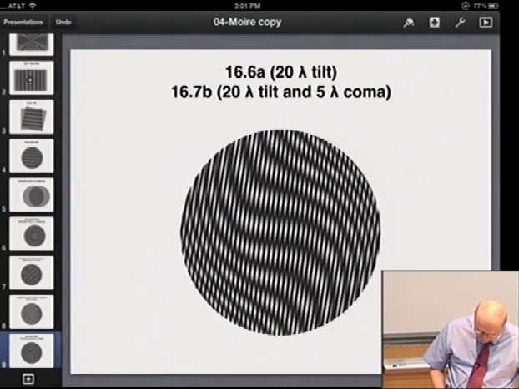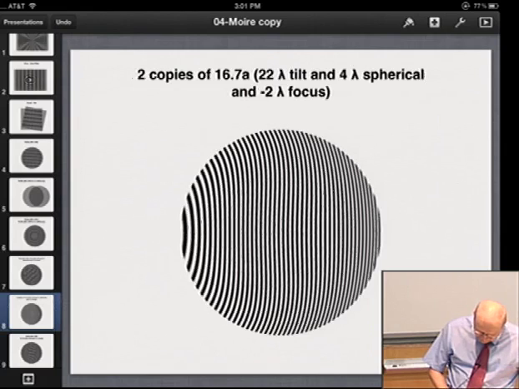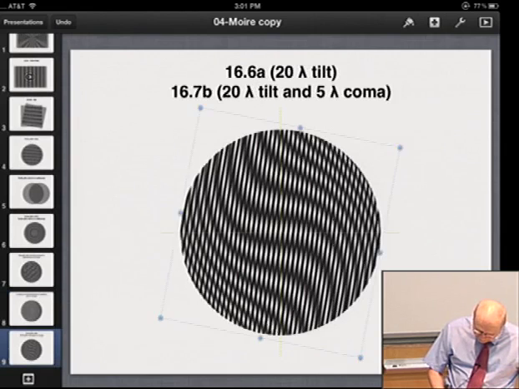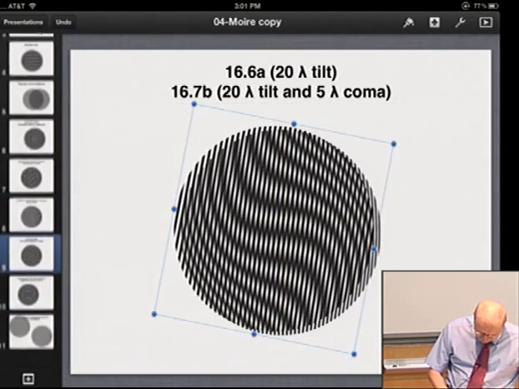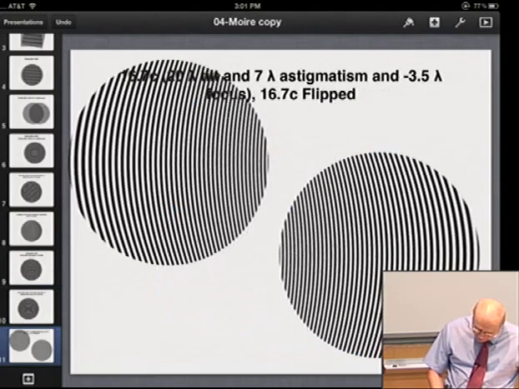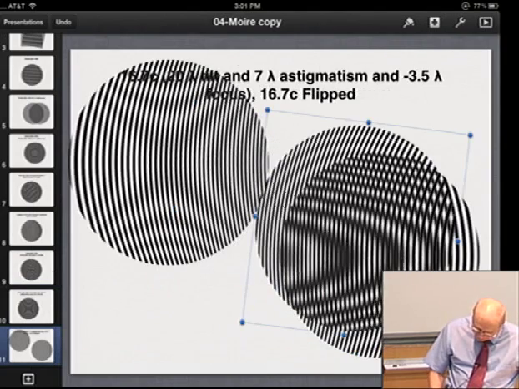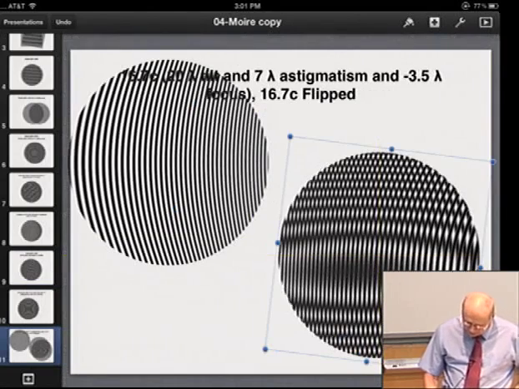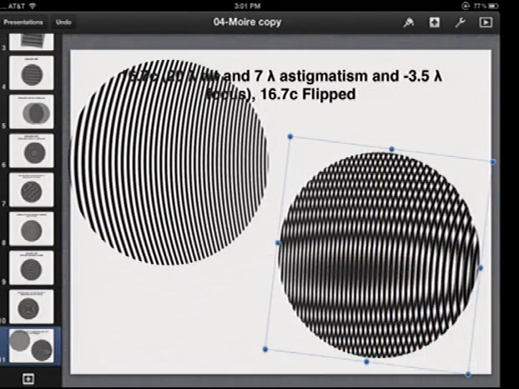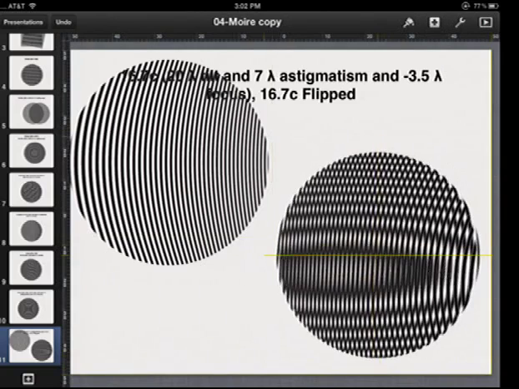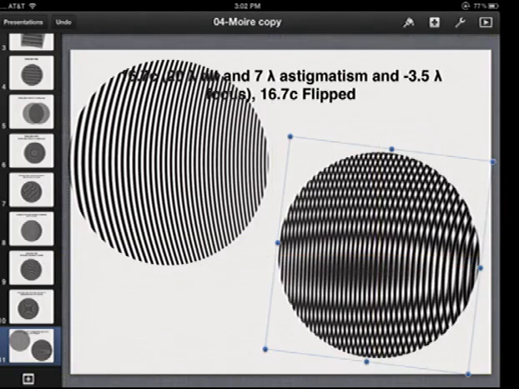And let's come down here. Was that my last one? No, this was my last one. And now I'm going to paste this one. And so this now is taking one of focus and adding it to the one of astigmatism and focus. And we completely changed the shape here by essentially adding a different amount of defocus.